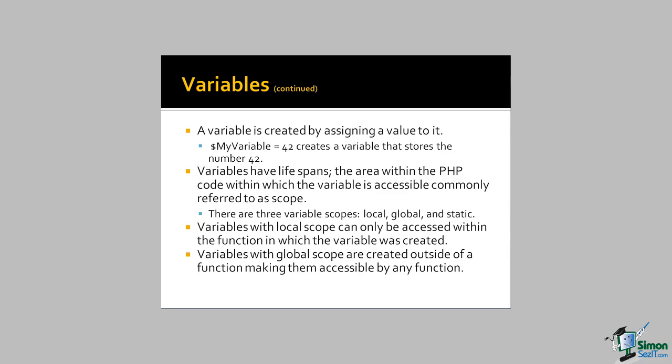Local scope is when you create a variable in a snippet of code, and that variable is accessible and exists within that snippet of code. A global variable is accessible and exists throughout the code. And a static variable is a variable whose value does not change.